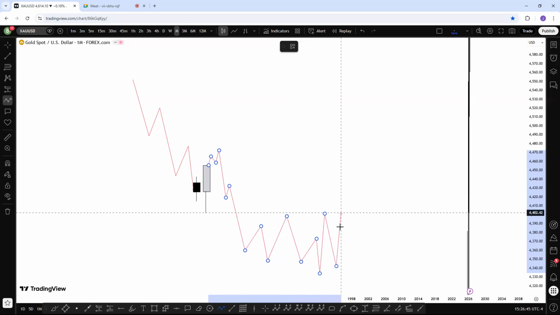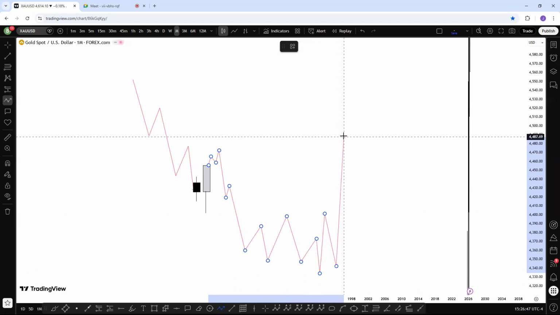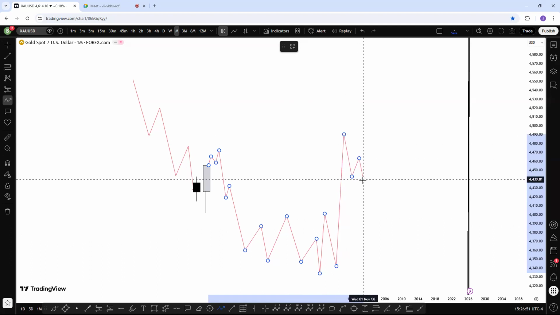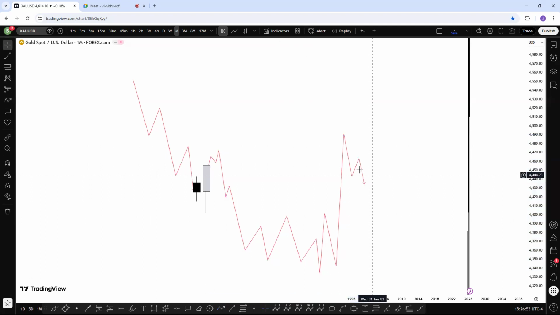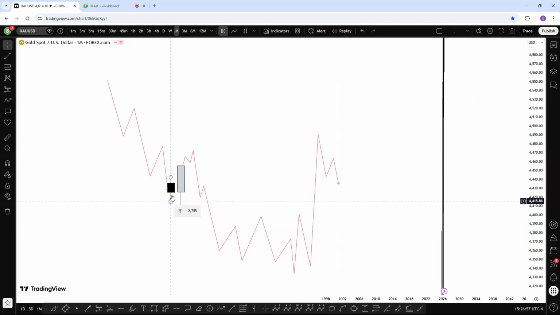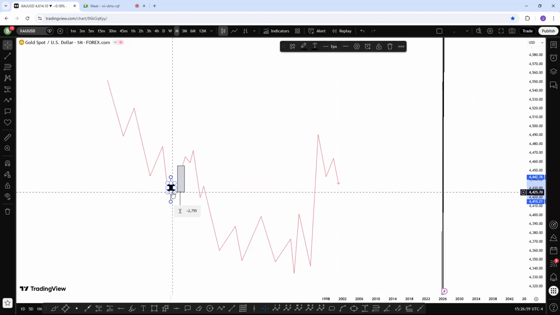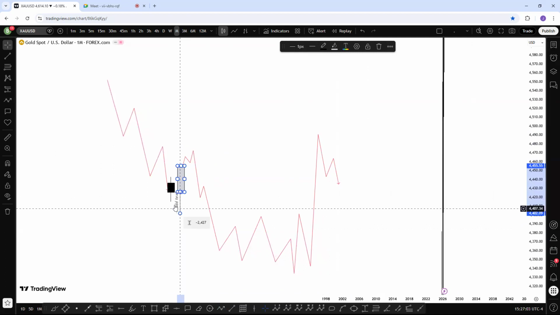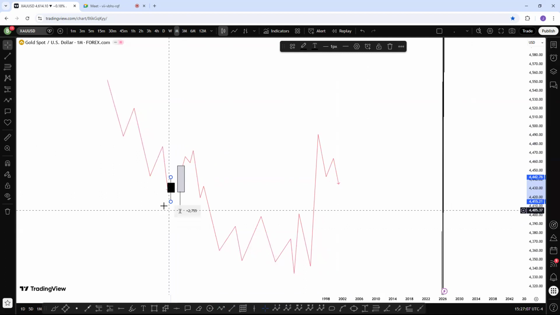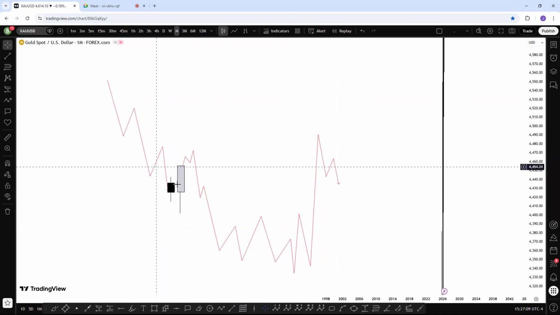And then, for example, once price is here, price comes back, and around here you get another manipulation. Around here, you get another manipulation.